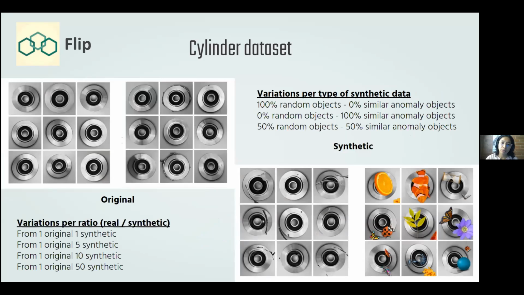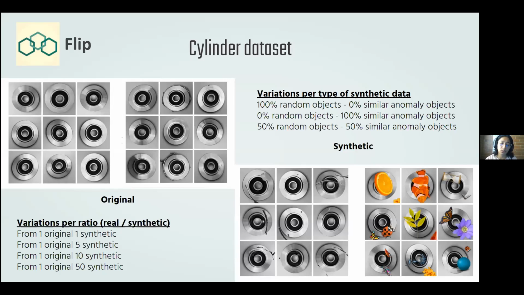We did different experiments, and in all of them we have a dataset with 10,000 synthetic images. The parameters that we modified in the experiments were two. The first is the relation between original images and how many new synthetic images.